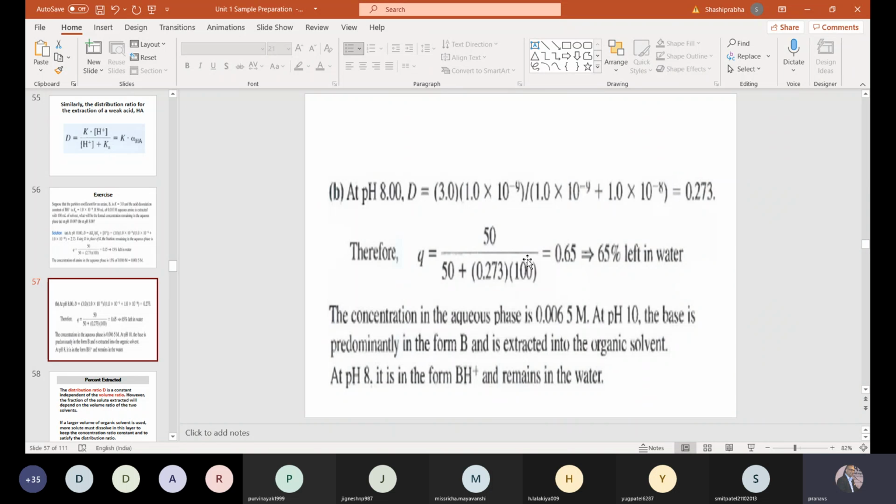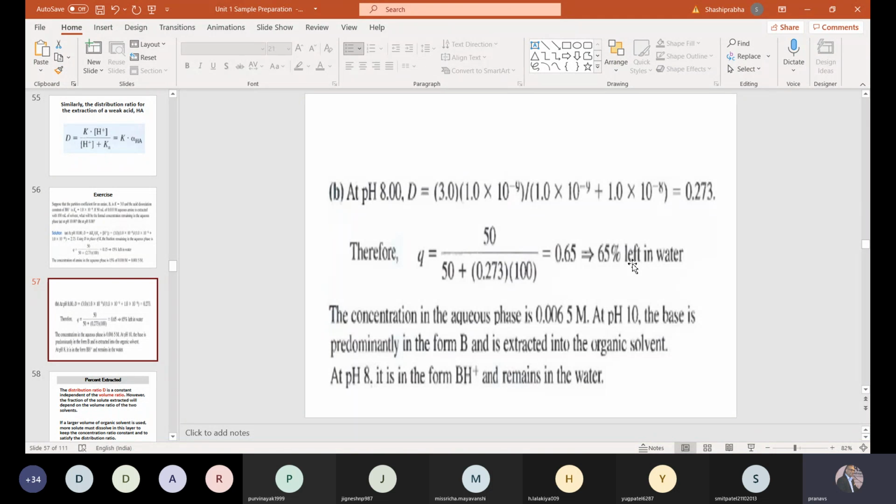If you substitute 0.273 here, keeping this constant, we find that 0.65 is the fraction which remains in the aqueous phase, or 65% remains in the aqueous phase, or in other words 35% goes to the organic phase.